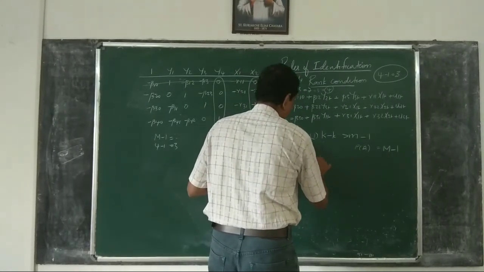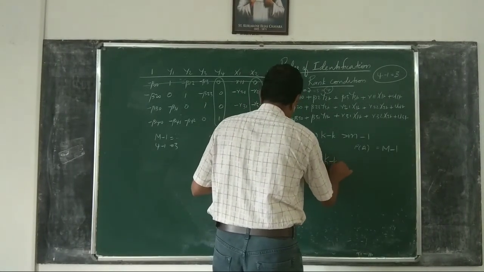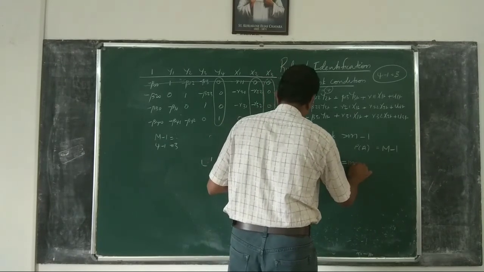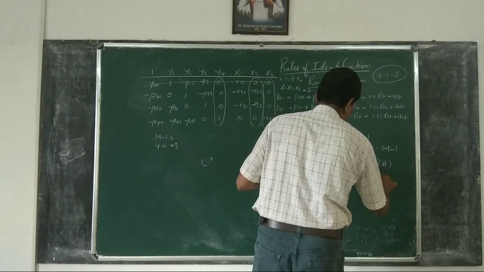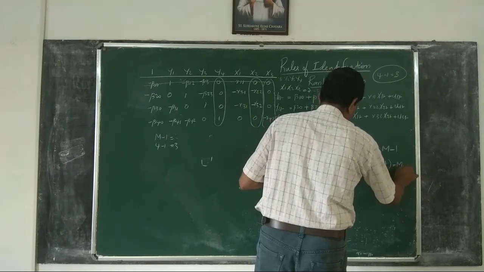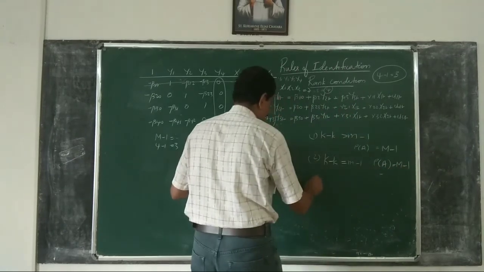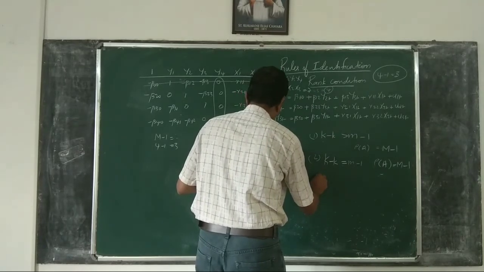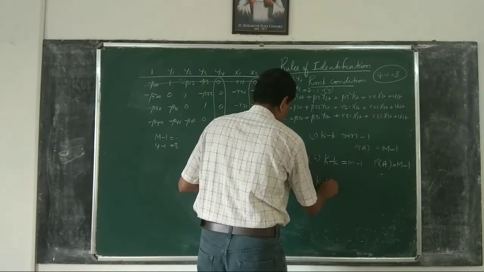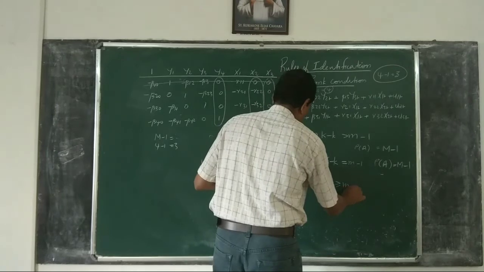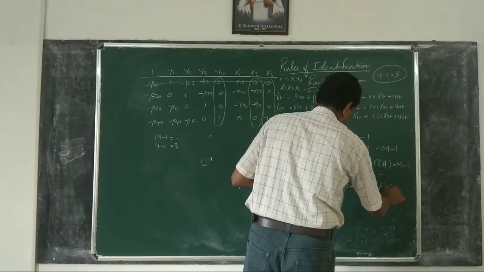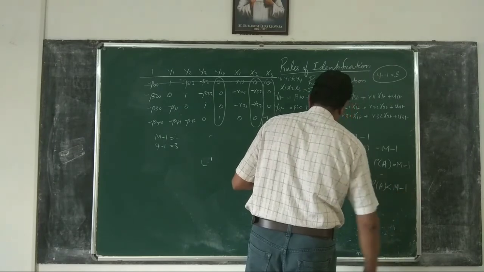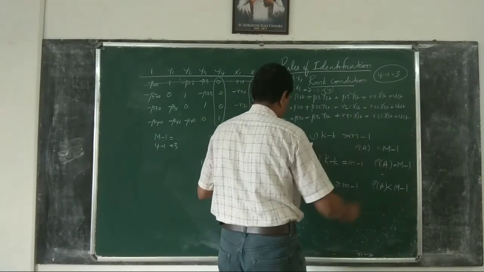Second, K minus k equal to m minus 1 and rank of A equal to m minus 1: exactly identified. Then K minus k greater than or equal to m minus 1 with rank of A less than m minus 1: under-identified.